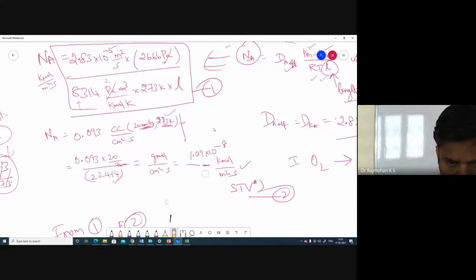So what value are you saying? 1.09 into 10 power minus 6 or 7?